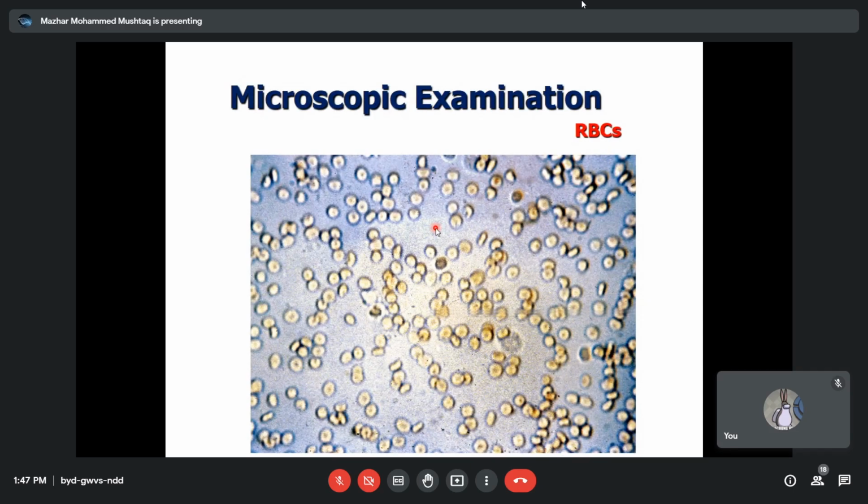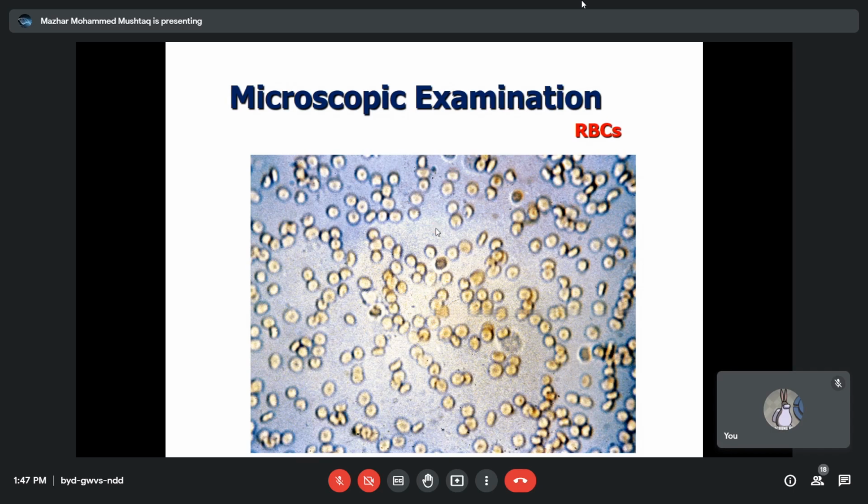So that means they are coming somewhere distal to the loop of Henle. So this is how you will differentiate: the shape of the red blood cell will tell you if it is dysmorphic or normal, and similarly you can conclude if it is proximal or distal to the loop of Henle.